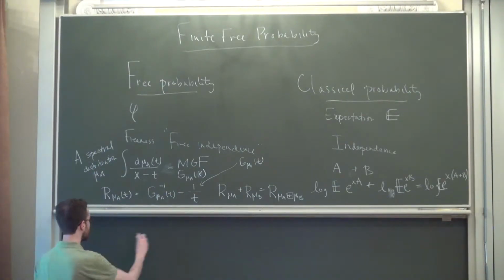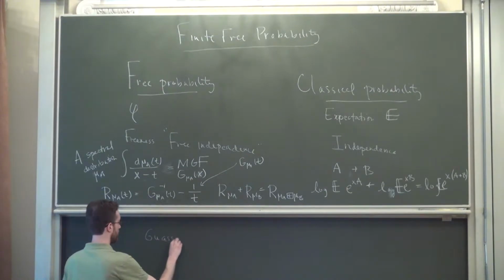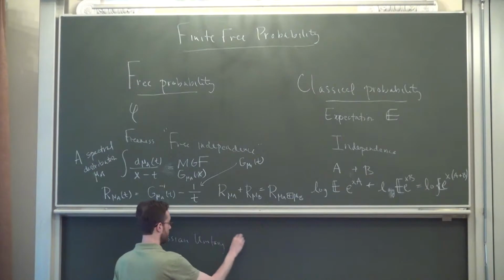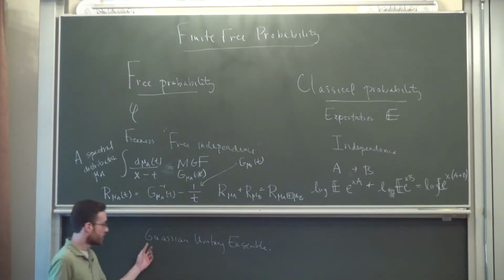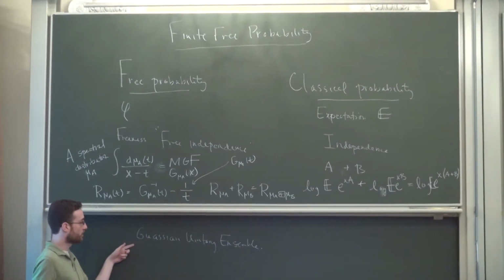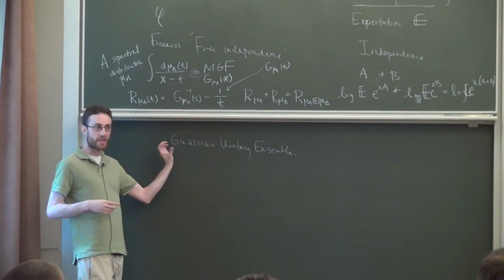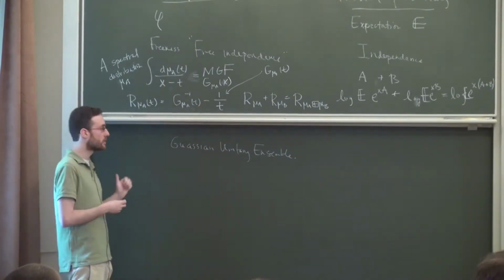So for instance, if you take what's called the Gaussian unitary ensemble, so this is the collection of matrices where all the entries are independently chosen to be Gaussians.